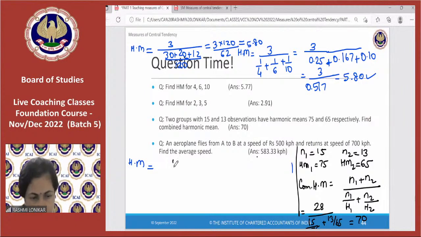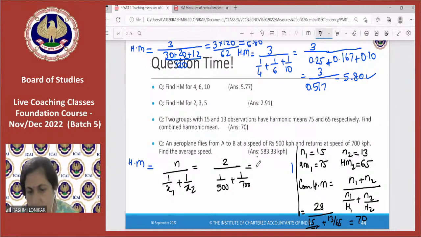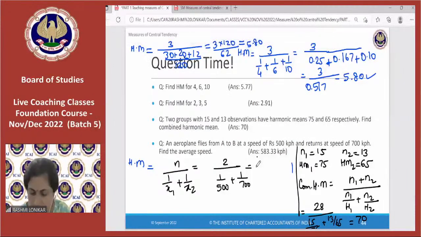So harmonic mean will be 2, because what is the formula? Formula is N upon 1 upon x1 plus 1 upon x2. Now N is how much? 2 in this case. 1 upon 500 plus 1 upon 700. So how much is 1 upon 500? 1 divided by 500 is 0.002.